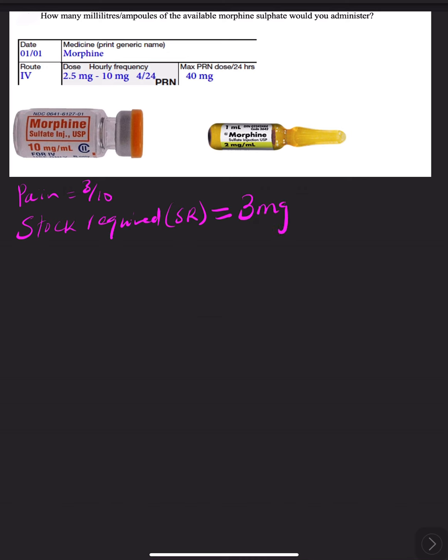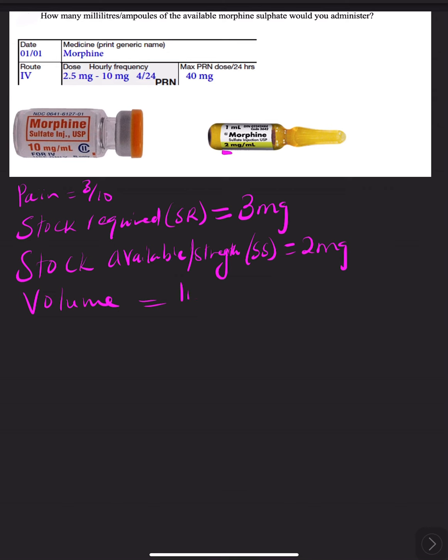And then for the stock available, or the stock strength, either way, which becomes your SS, it is equal to 2 mg. And then your volume is 1 mL, which is just there because we've chosen the ampule itself. That's what we want to give.